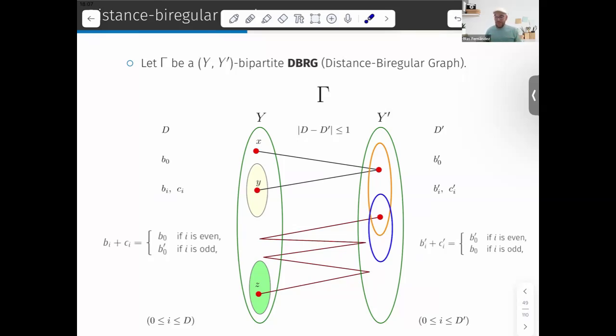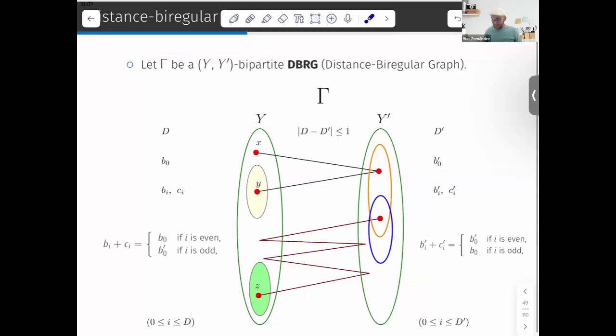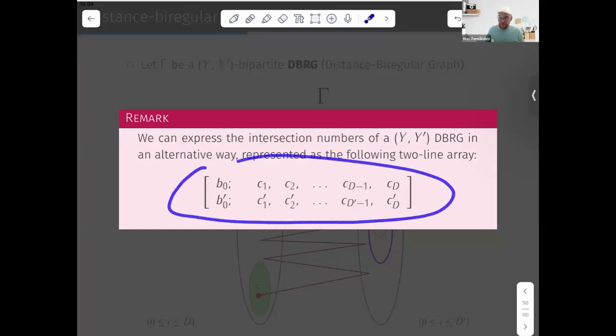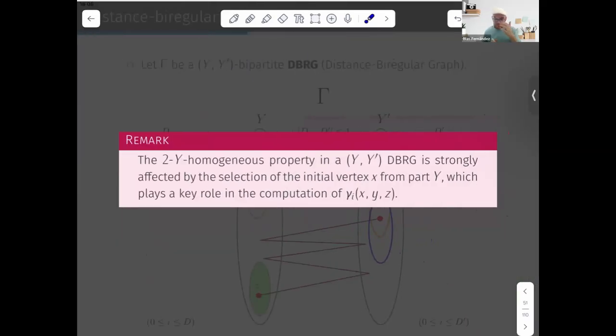Because of these relations, we can simply write the intersection array of a distance-biregular graph using just two rows. Here we will write the valency and all the values of the c_i from one partition, and the valency and all the values of the c_i prime from the other. So we will denote the intersection array of a distance-biregular graph like this.